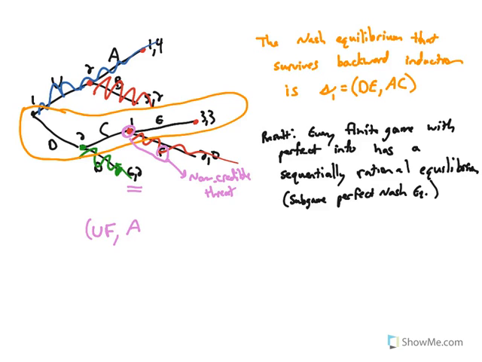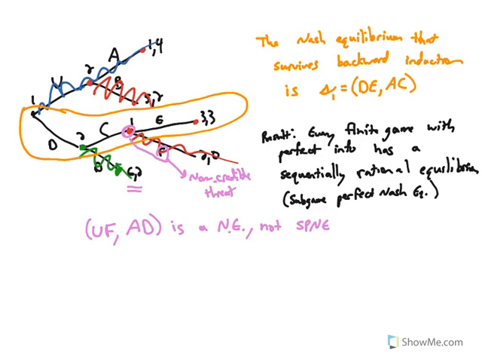up top, and she plays D down below, is a Nash equilibrium, not subgame perfect Nash equilibrium. Okay?